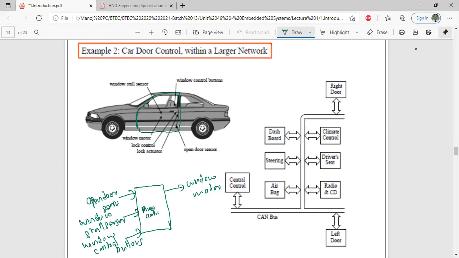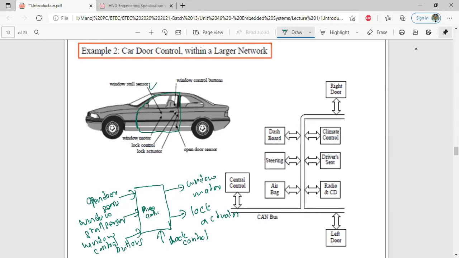Then here lock actuator, then we'll give lock control input as well, right? Then open doors and those kind of things.